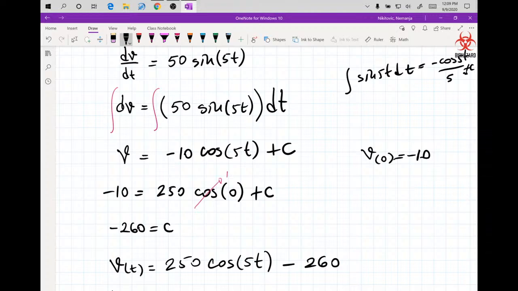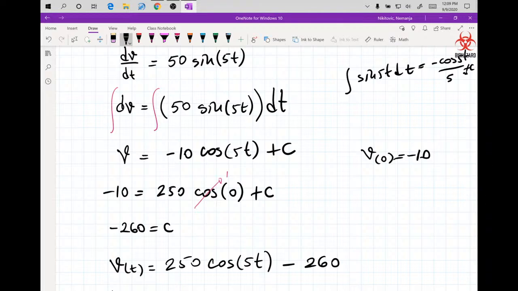So we have negative 10, because 50 divided by 5 is 10.